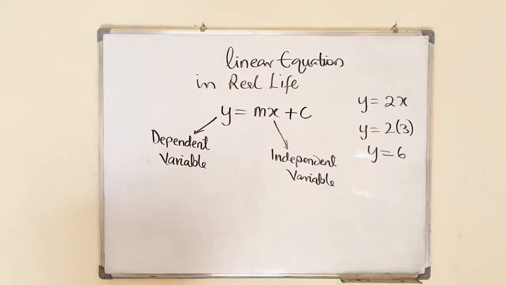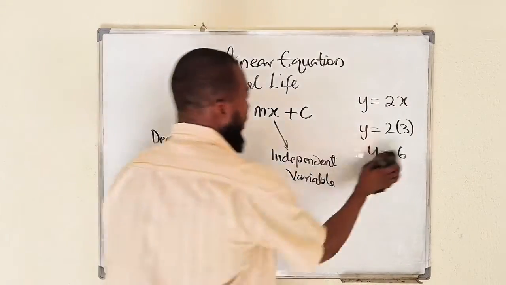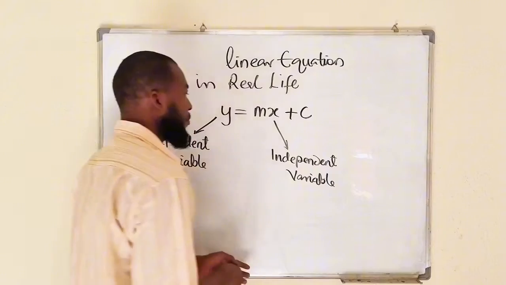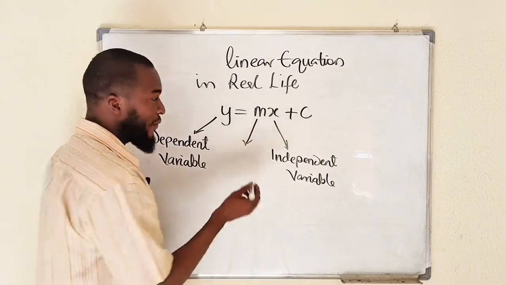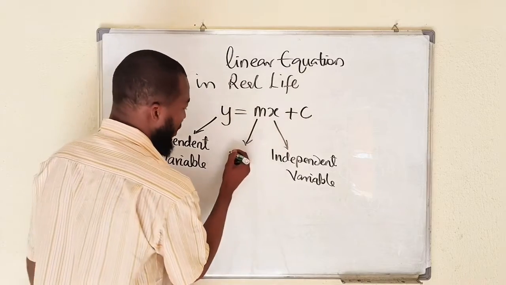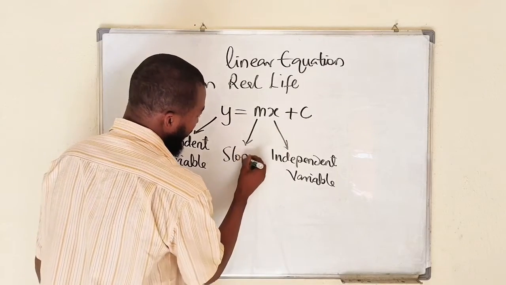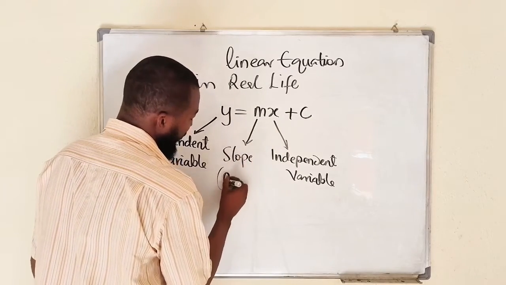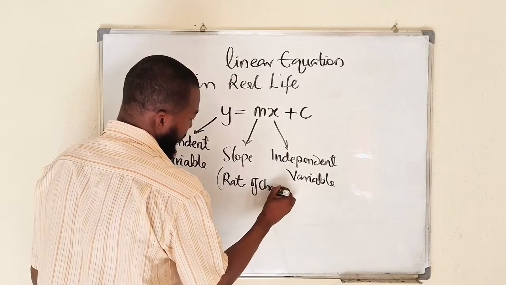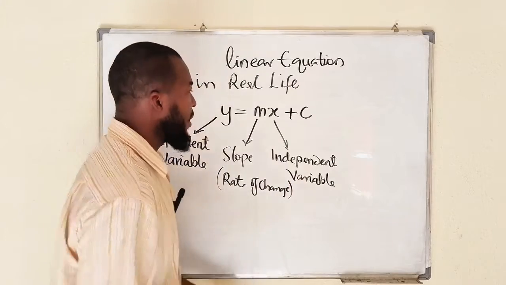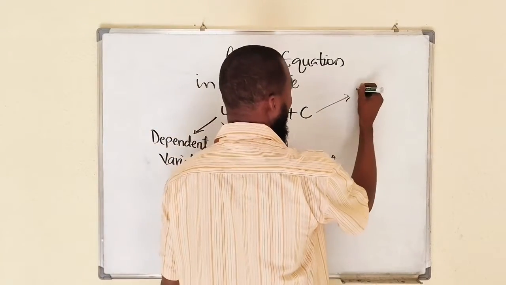All right. Then we have m here. We call this slope. Talking about graph, that is the rate of change. This is slope, right? Rate of change. I will explain this. Then we call this the constant.